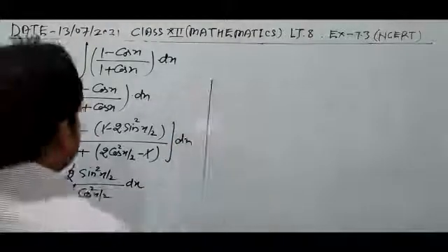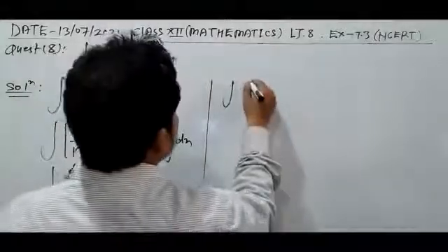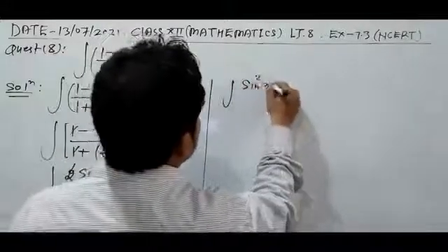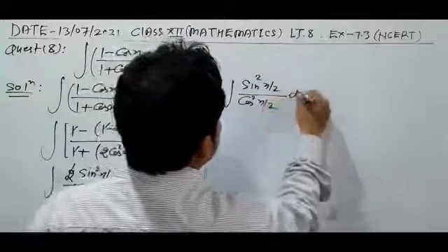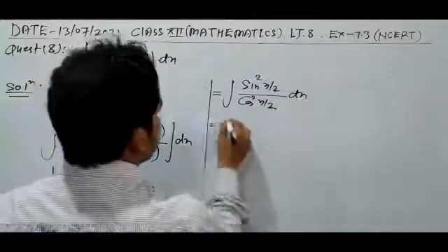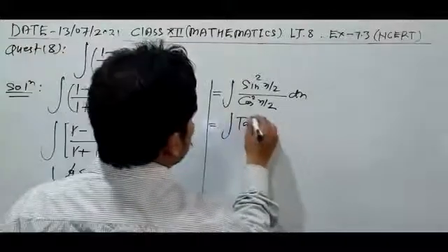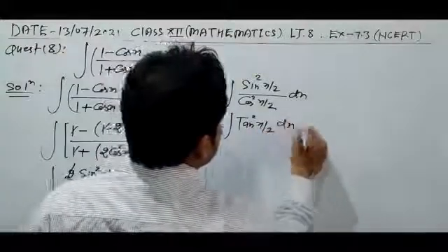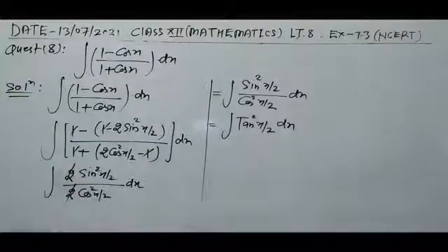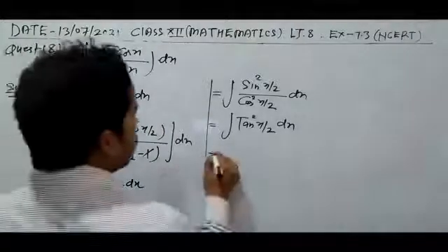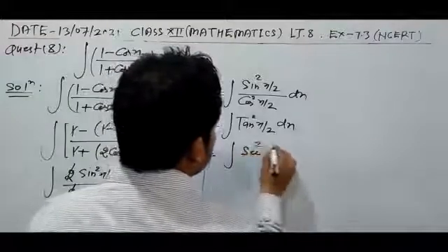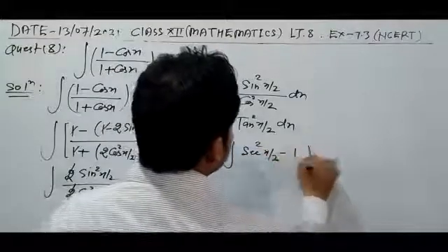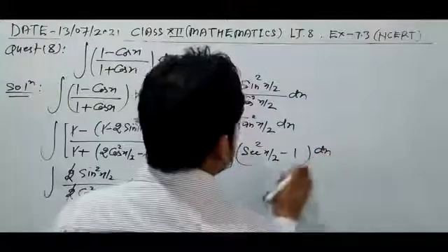So what will you get as the result? The result will be sine square x by 2 upon cos square x by 2 dx, and now it will be tan square x by 2 dx. And tan square x by 2 you can change in terms of sec, that is sec square x by 2 minus 1 dx.